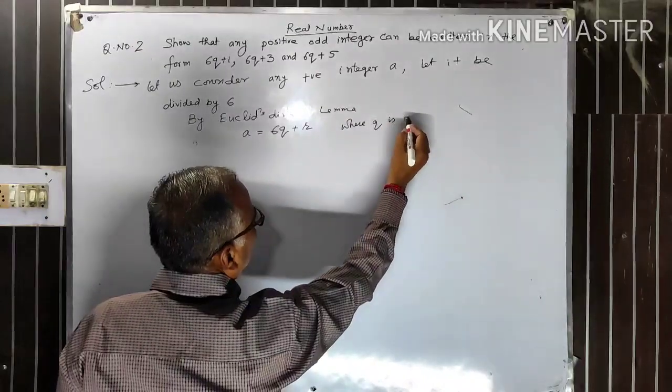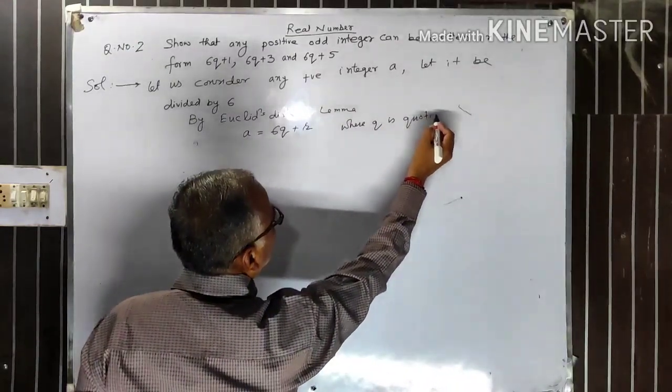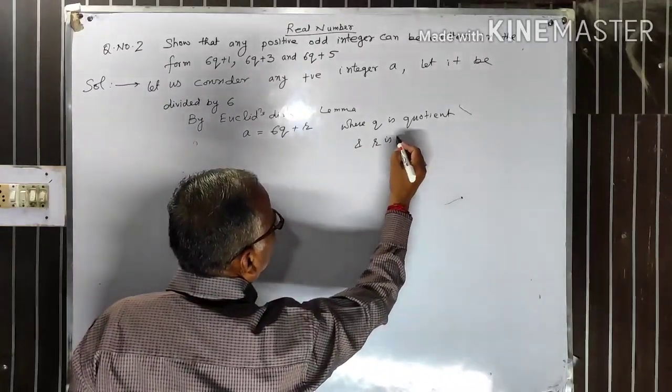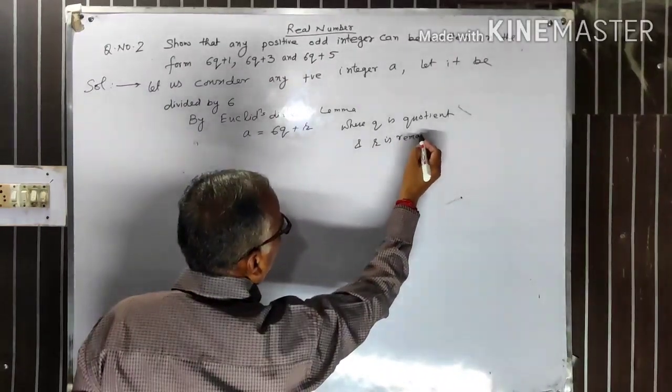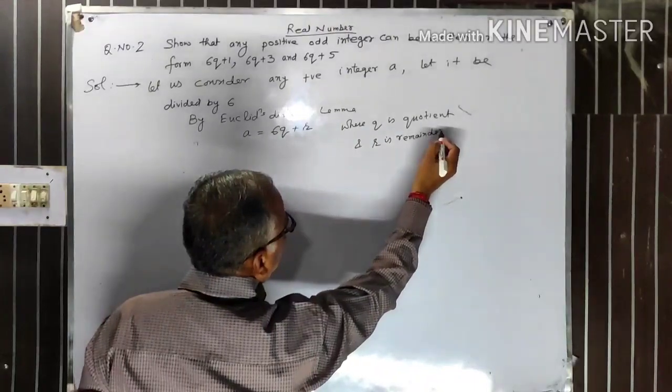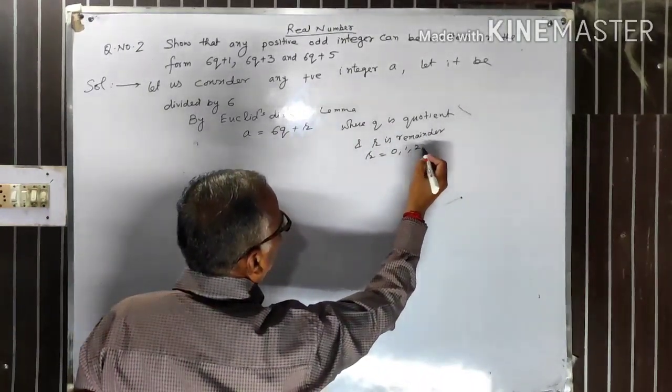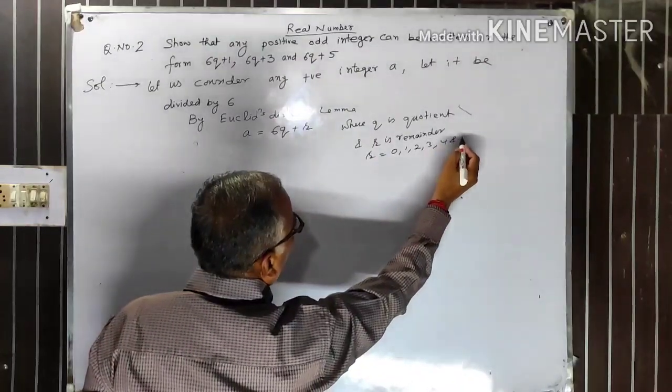q is quotient and r is remainder, and r can be 0, 1, 2, 3, 4 and 5.